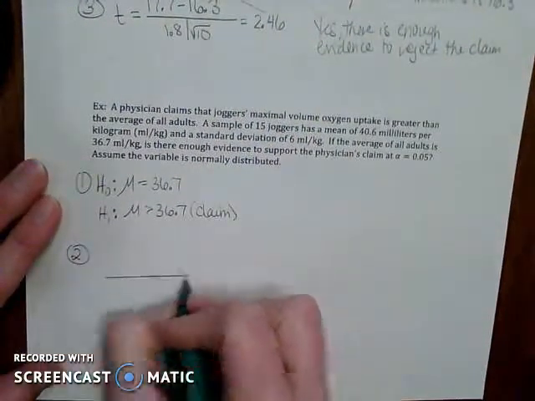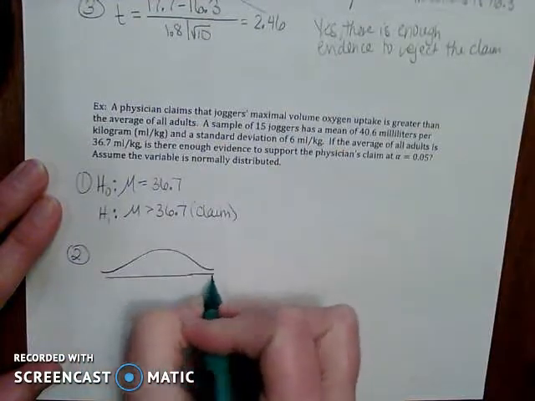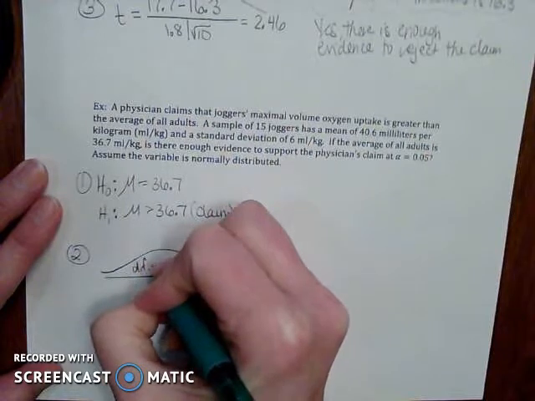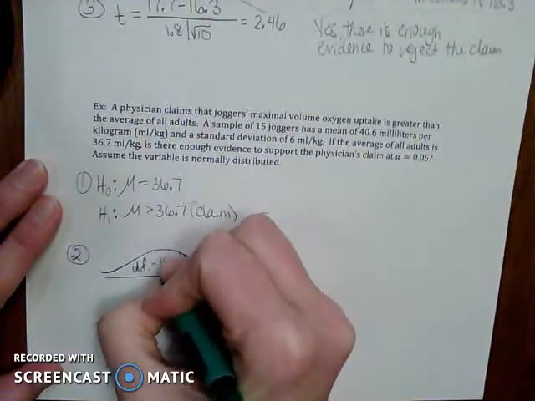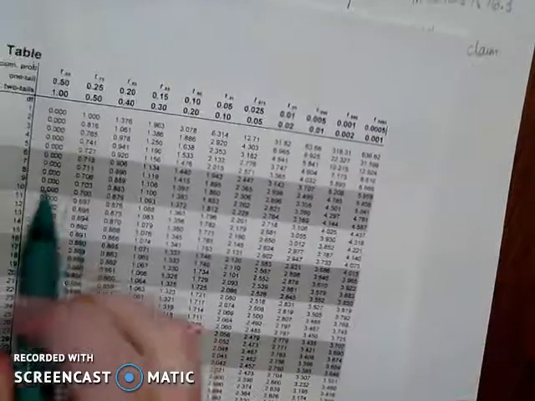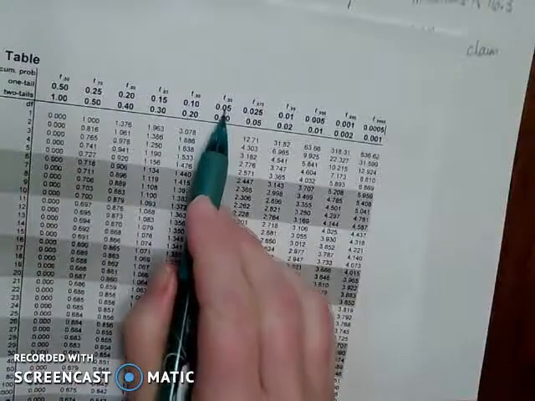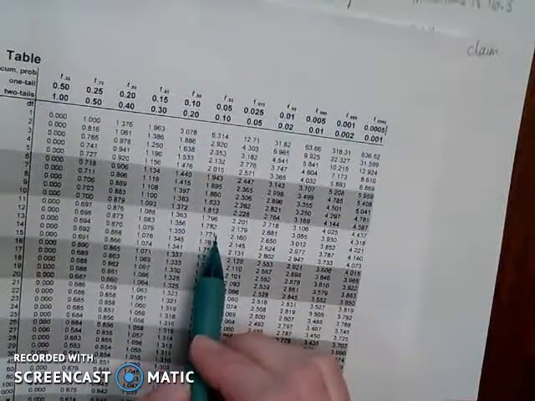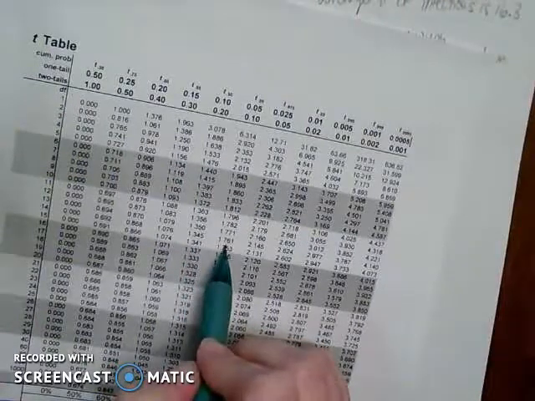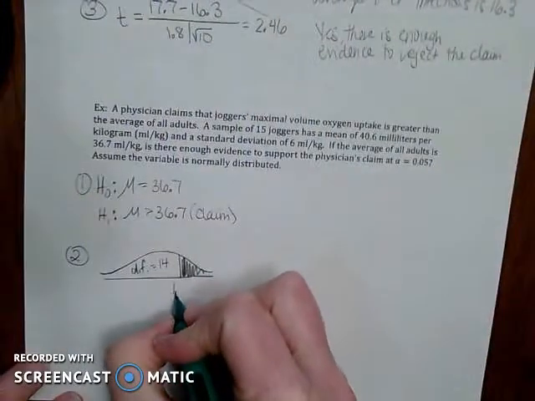Step 2, drawing the picture. Greater than, your degrees of freedom is going to be 14. And we're looking at 0.05. So this is one tail, 0.05 down to 14. Right there, 1.761.